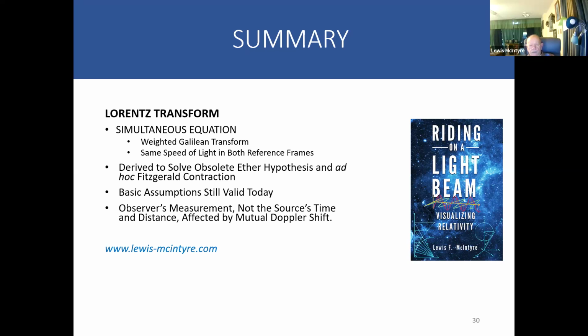Before we can locate an event in time and space, we must receive light from the event, Doppler shifted by its relative velocity to us. This affects the time at which we observe the event and subsequently the location that we determine for it. It is our measurement that is affected by the event's relative velocity to us and not the event's clocks and rulers.